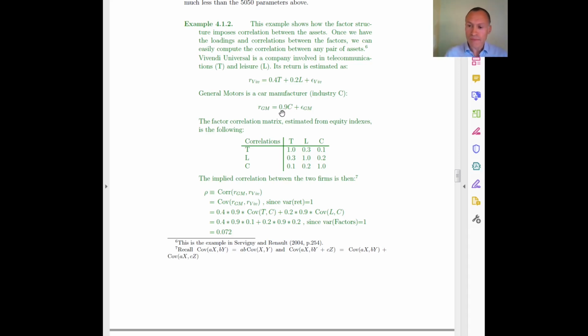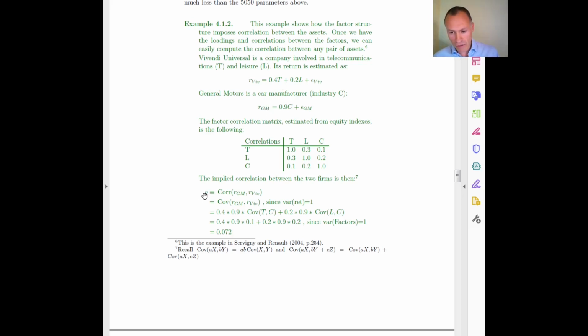In addition, I estimate a correlation matrix between the three factors, T, L, and C, and it's this number here. So what we are doing here is just to show that these two equations and this correlation matrix between the factors are enough to impose correlation between the two firms, Vivendi and General Motors.